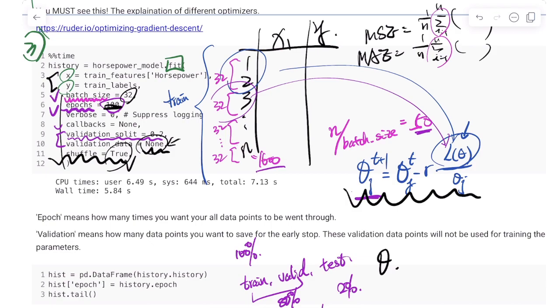That is the setting of how you train your model.